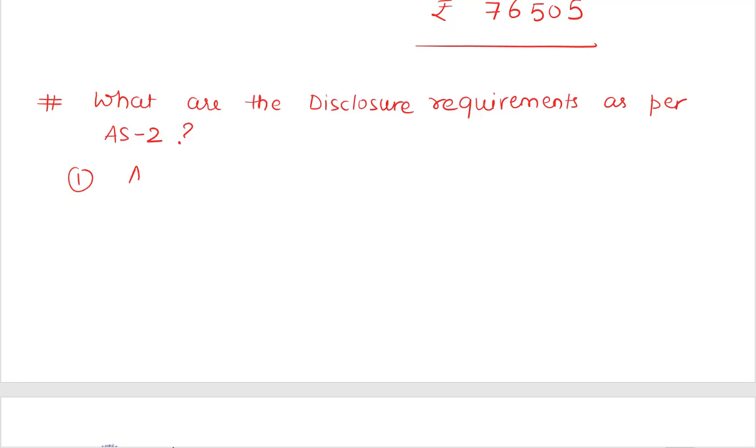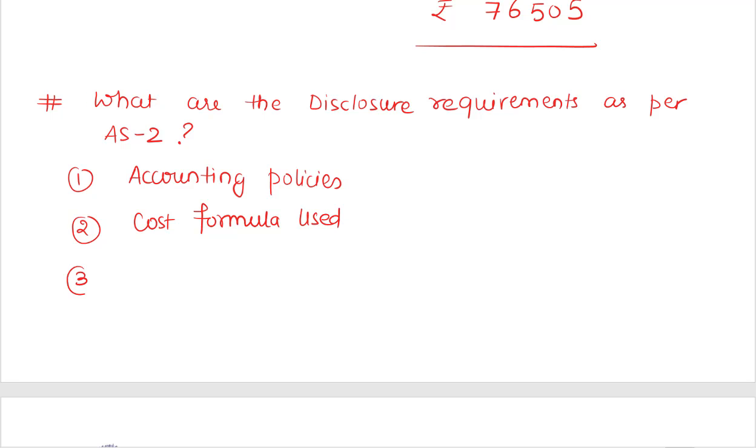The first disclosure is accounting policies. First of all, we need to disclose the accounting policies that have been followed in the valuation of inventory. The second is cost formula used. The third is total carrying amount of inventories.